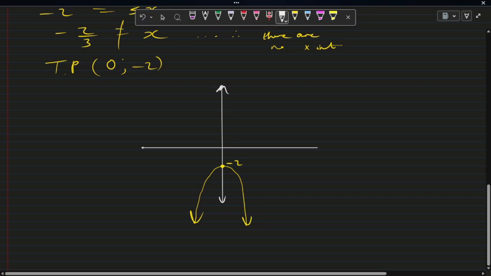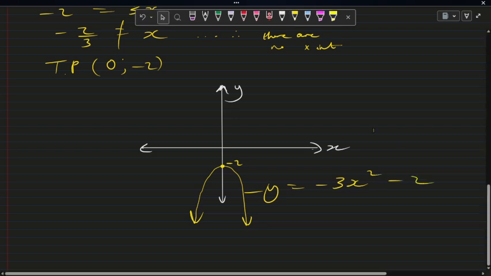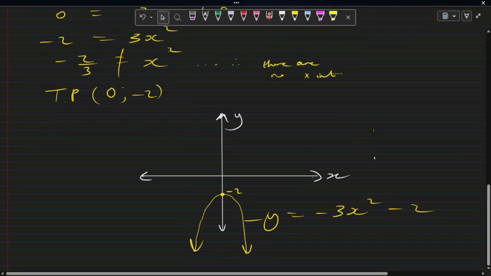So this is the y-axis, and then this is the x-axis. And then we can label our graph that this is the graph whereby y is equal to negative 3x squared minus 2.